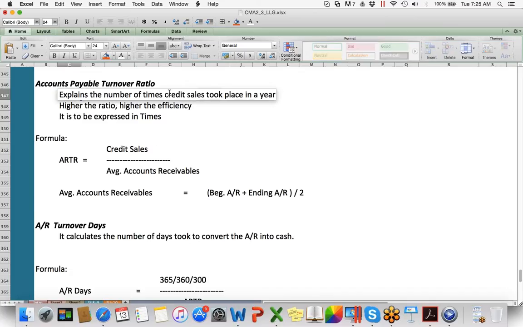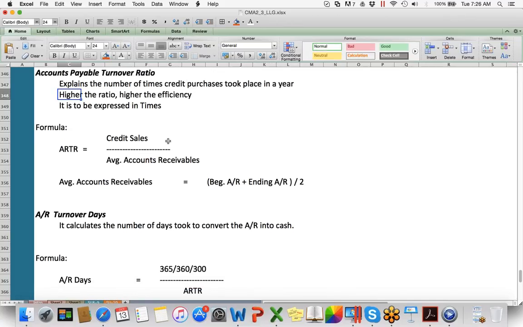How many times you are buying the goods on credit, you will find in accounts payable turnover ratio. Again remember, no credit purchase, no accounts payable turnover ratio.